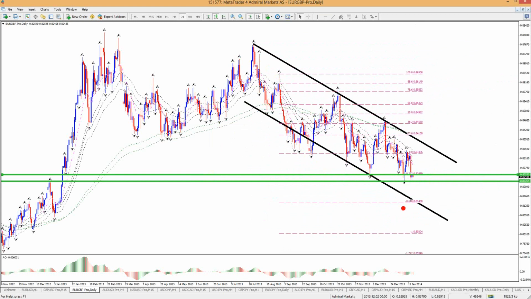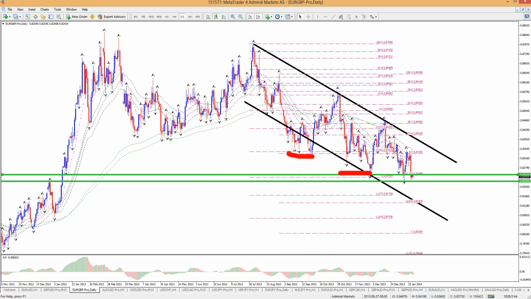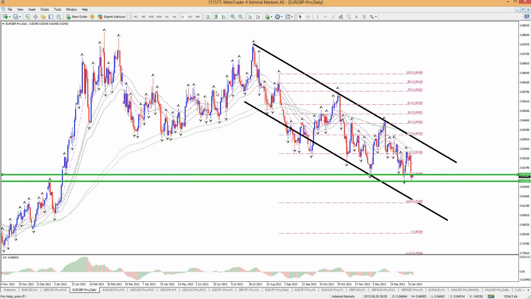Why? Because that's the minus 618. Right? We stopped nicely at this minus 272. We stopped nicely at this minus 786. We stopped nicely at the previous fibs. Remember this one? Here and here. So that's what we should expect as well if we do move to the downside.